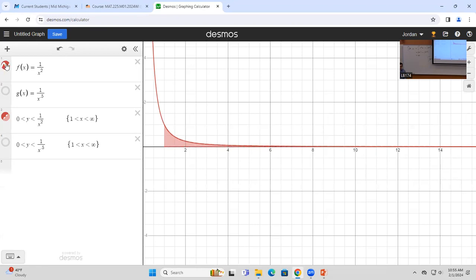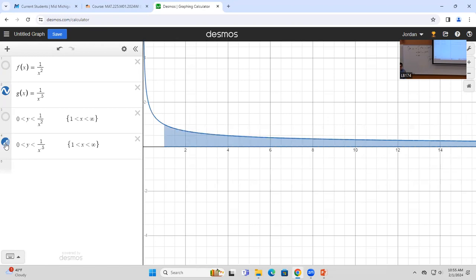However, this other curve, this area, even though in principle it's doing the same thing, it's not getting close enough to the x-axis to make the area finite. So that area is infinite.